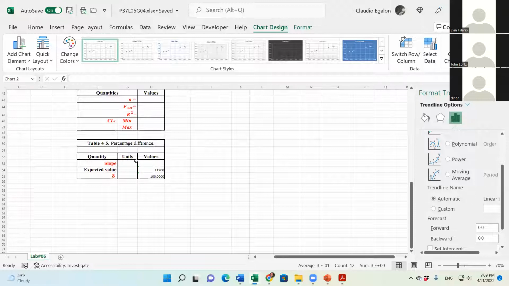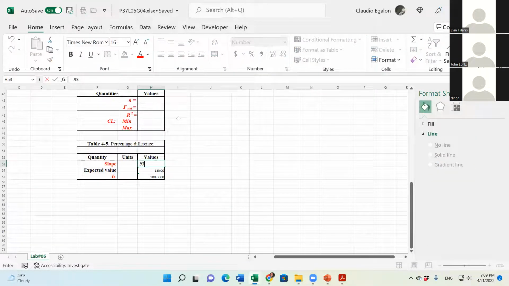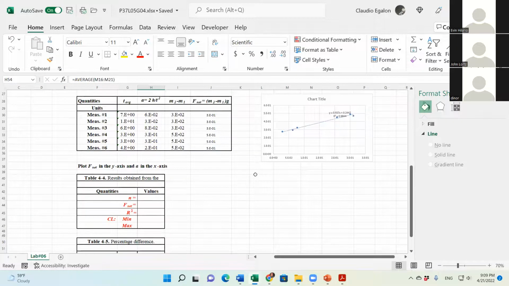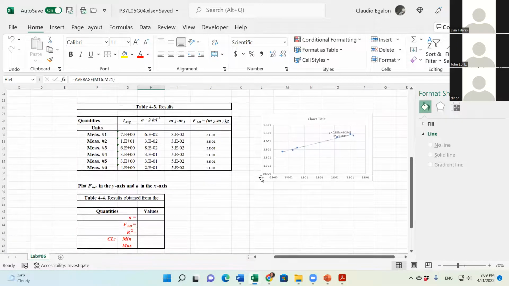I put it here, I'm getting 18%. That's right. Your data is not very good, but that's okay. I think it's not very good because of this data point here, this outlier. It's bringing the curve down, the slope down.